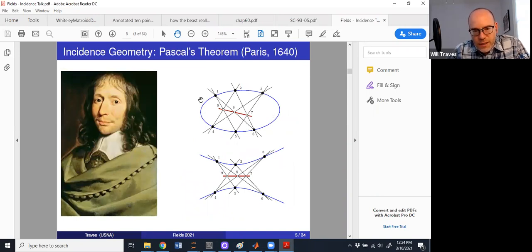Now, it's not so easy to see that these 6 points lying on a conic is a rigid constraint. But when you see that these 3 points have to lie on a line, it becomes more obvious that the 6 points lying on a conic is in fact imposing some kind of incidence constraint. Maybe not a linear incidence constraint on your original 6 points, but on these derived points, it does impose a constraint, and we'll view it that way as well.